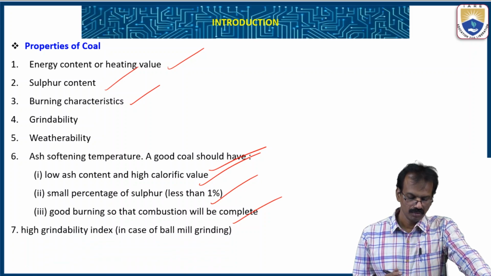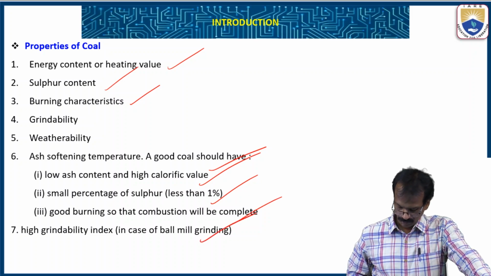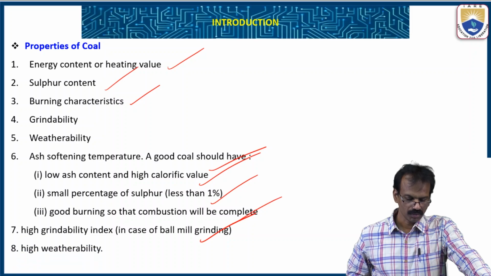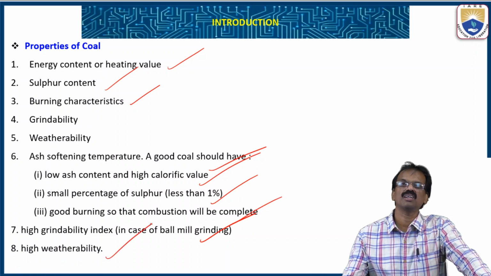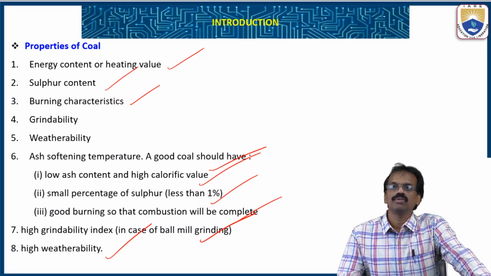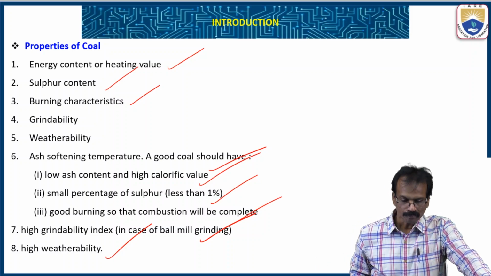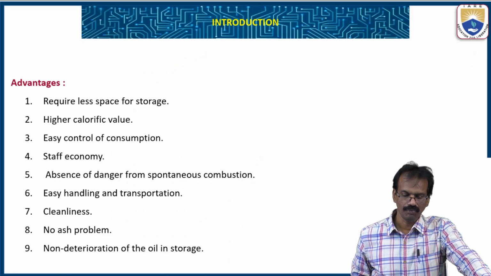These are the main properties of the coal. We can observe a high grindability index, as in the case of ball mill grinding. Next, high weatherability, which we already saw. These are the main properties of the coal. Next, advantages.